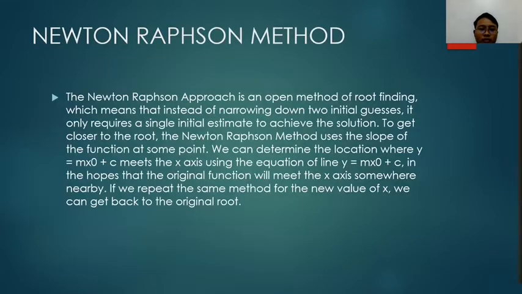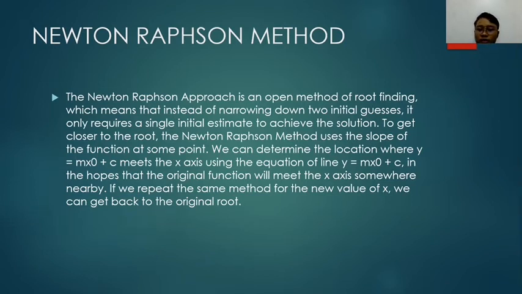Next slide. I will explain about the Newton-Raphson method. The Newton-Raphson method is an open method of root finding, which means that instead of narrowing down the initial guess, it only requires a single initial estimate to achieve the solution. To get closer to the root, the Newton-Raphson method uses the slope of the function at some point.